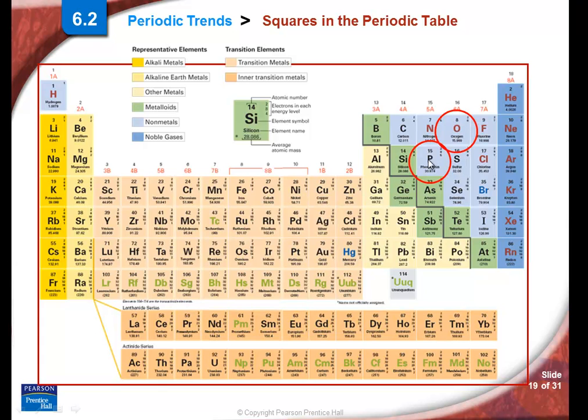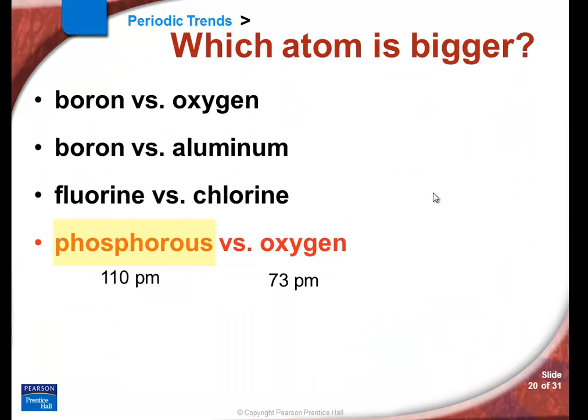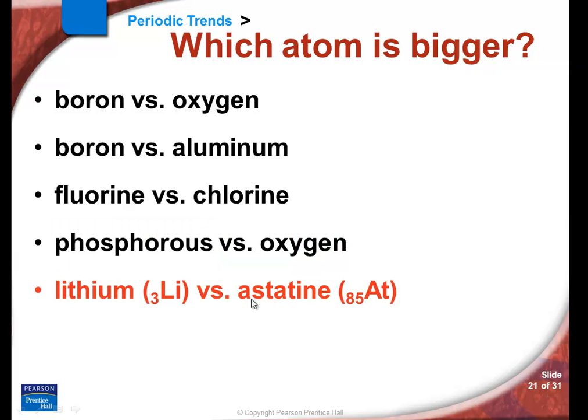However, you can be reasonably assured that because phosphorus is below oxygen in the periodic table, it's in a higher period, and it's to the left. Because it's to the left, it should be bigger. Because it's lower, it should also be bigger. So we should be on pretty safe ground to say phosphorus is bigger, and indeed it is.